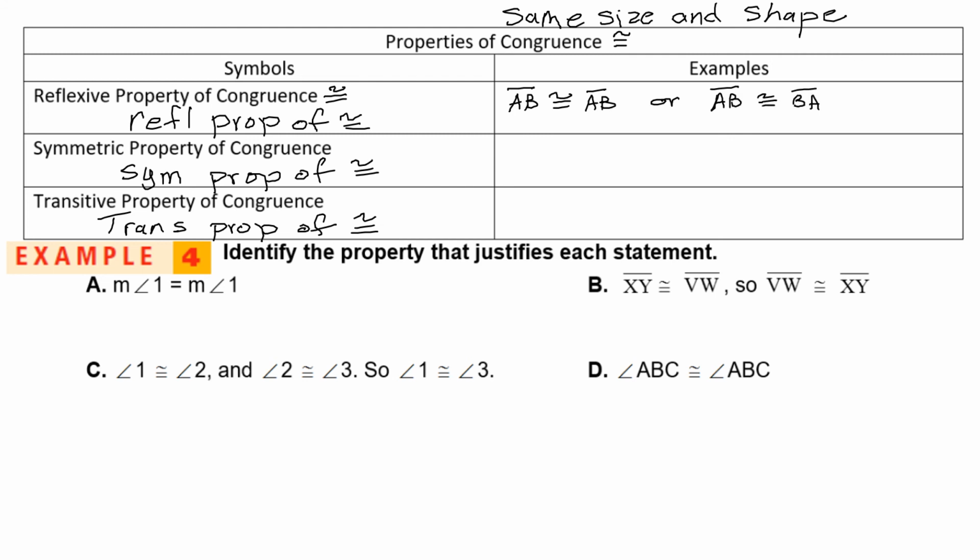I want you to make sure that you write that down. I know it might be a little confusing considering what we said about reflexive property being the exact same on both sides. But trust me, those are, and we'll discuss more about that tomorrow as to why segment AB is the same as segment BA.